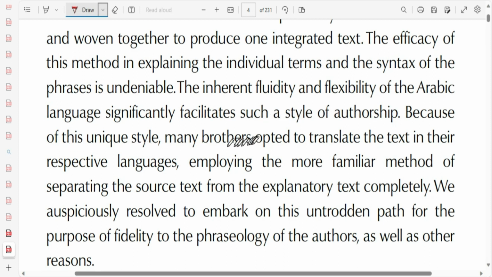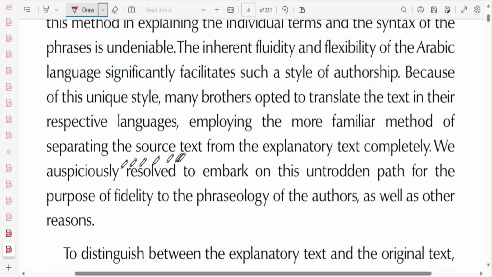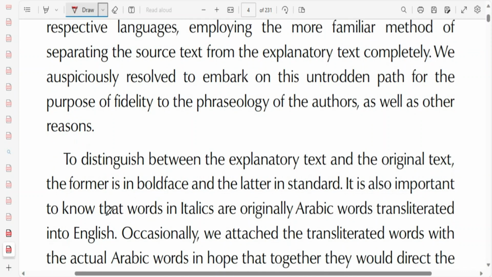Because of this unique style, many brothers opted to translate the text in their respective languages, employing the more familiar method of separating the source text from the explanatory text completely. We auspiciously resolved to embark on this untrodden path for the purpose of fidelity to the phraseology of the authors, as well as other reasons.